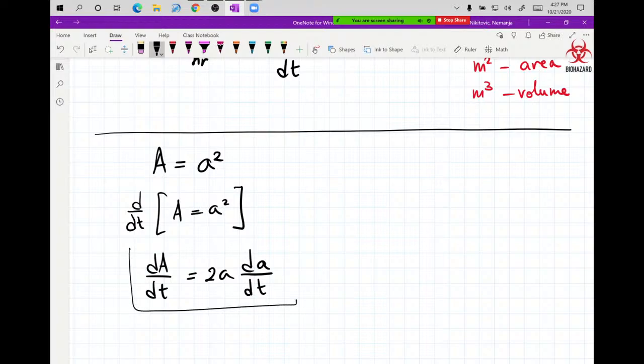A related rates model. All I need to do is to plug in the numbers and compute whatever is asked to be computed.